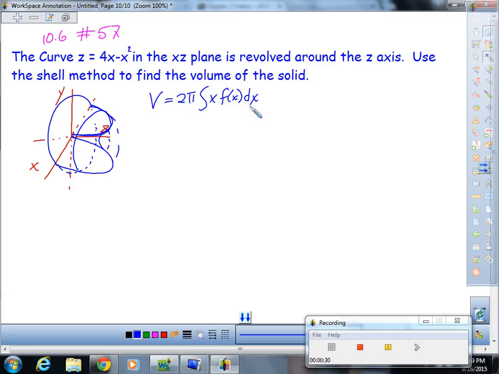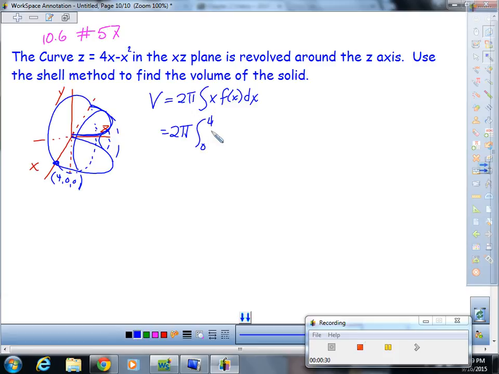So the calculus would be 2 pi. This intersection point right there is 0, 0, 4. Well, actually, no, sorry. I'm all backwards. 4, 0, 0. Think about it. That's where that is going to hit the axis. So our bounds of integration are going to be as x goes from 0 to 4.